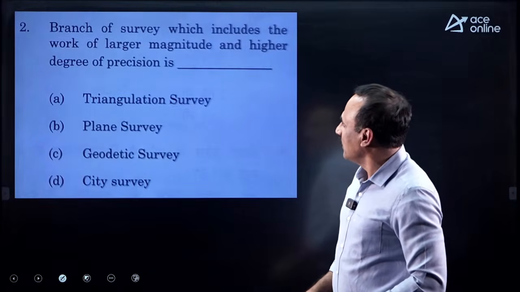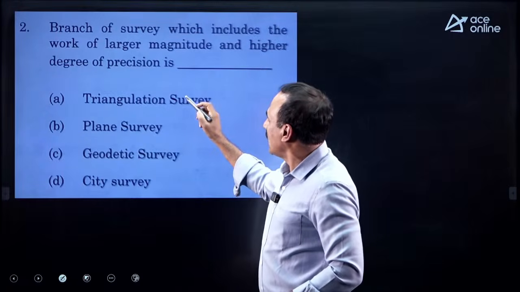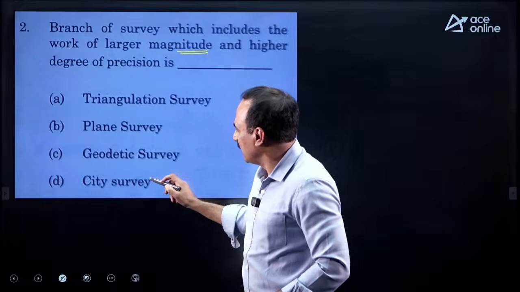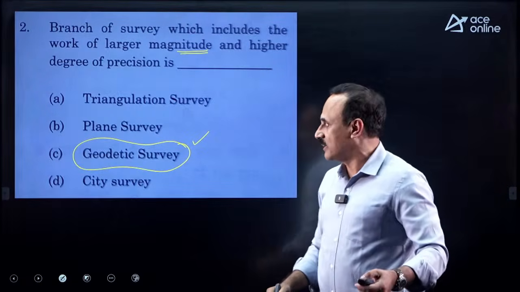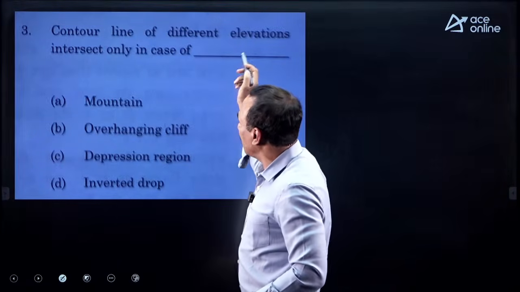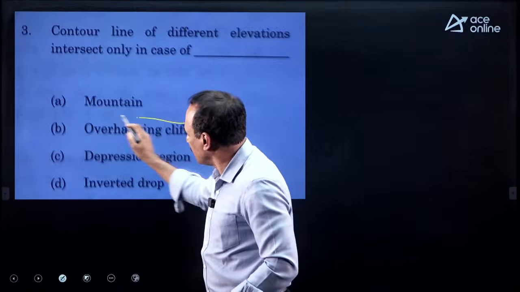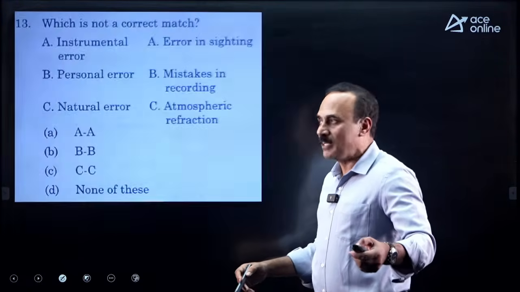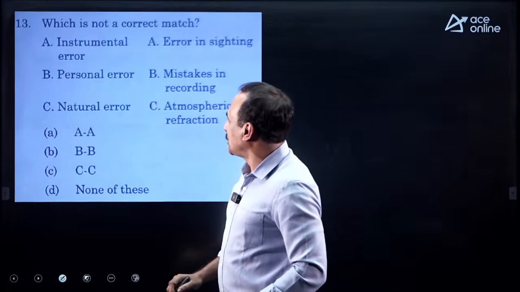Next, the branch of survey which includes work of larger magnitude and higher degree of precision is geodetic survey, where the curvature of the earth is also considered. Contour lines of different elevations intersect only in case of an overhanging cliff, which is the not correct match.